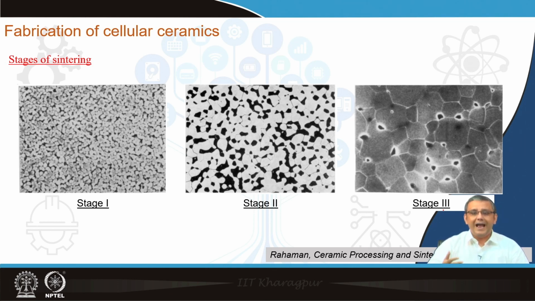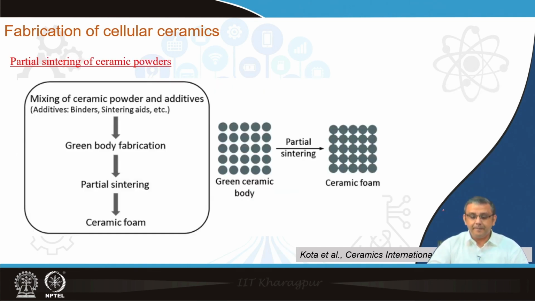By doing this we restrict the pinching of the isolated pores, and we maintain a high amount of porosity in the green body by not sintering to complete or 100% densification.